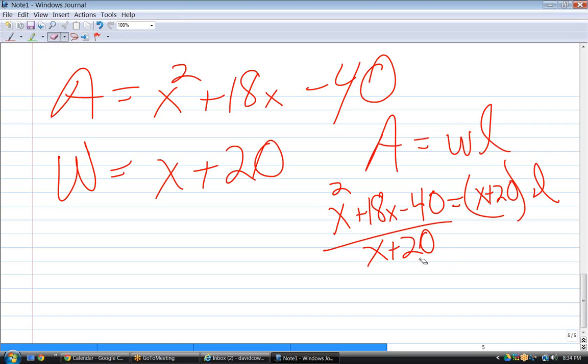Instead of making this a division problem, let's make it a factoring problem. It'll be a lot easier than teaching you long division, although perhaps you need to know that. I don't know. You tell me. We can factor this. This is just a factoring problem.